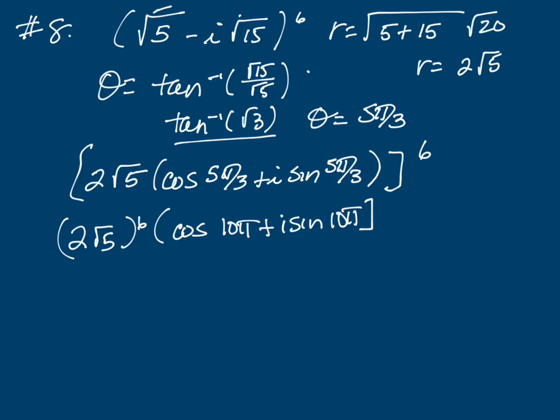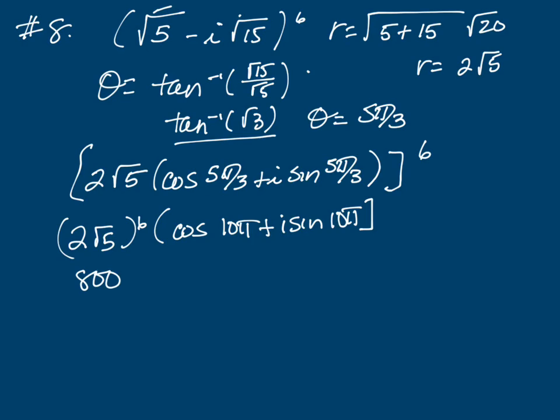Okay, so 2 to the 6 is 64, and the square root of 5 to the 6th power would be 5 cubed, so it should be 125. So 125 times 64 comes out to be 8,000.